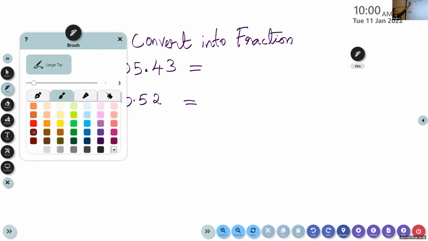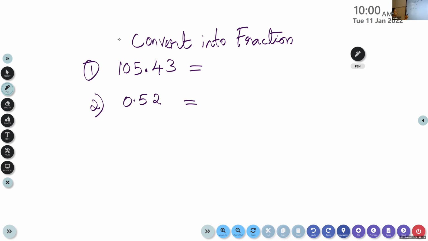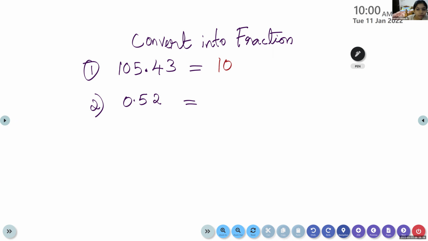Okay. So what's the answer of question number 1? What we have to do? Write the number without decimal point. So tell me the answer. 10543 divided by 100. Here there are 2 decimal places, so here there are 2 zeros. Is that correct, children? Yes, ma'am.